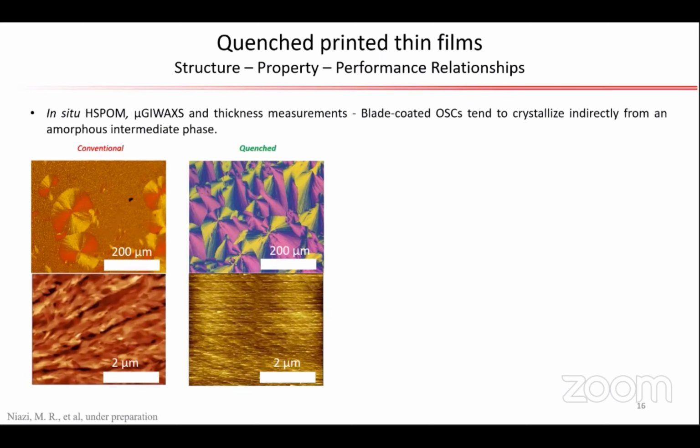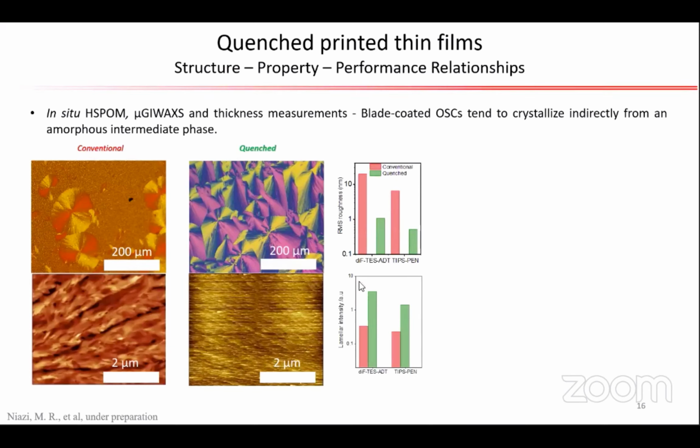So if you evaluate the quality of these films processed via the conventional method, which is spin coating, or the meniscus guided technique, we found through atomic force microscopy images that the films are more compact, there is a lower density of defects, and the surface roughness values were much lower in case of the films processed through this quenched intermediate phase as compared to the conventional process.